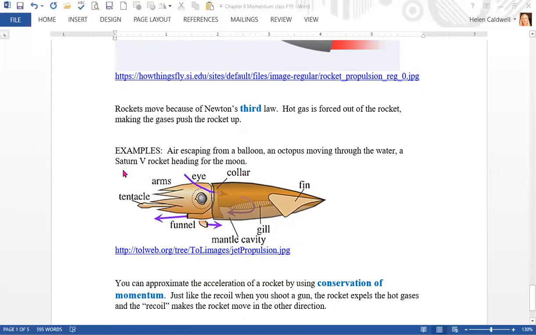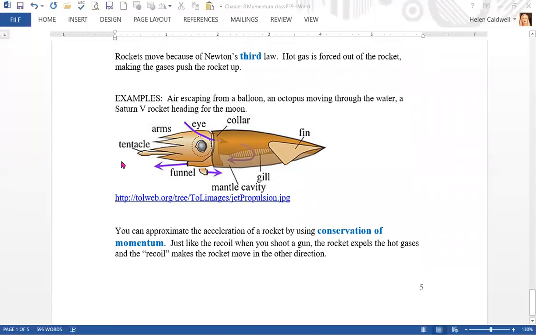The air escaping from a balloon. So an octopus actually forces water through it. So water comes in, it circulates around, it goes out, and the octopus goes forward.